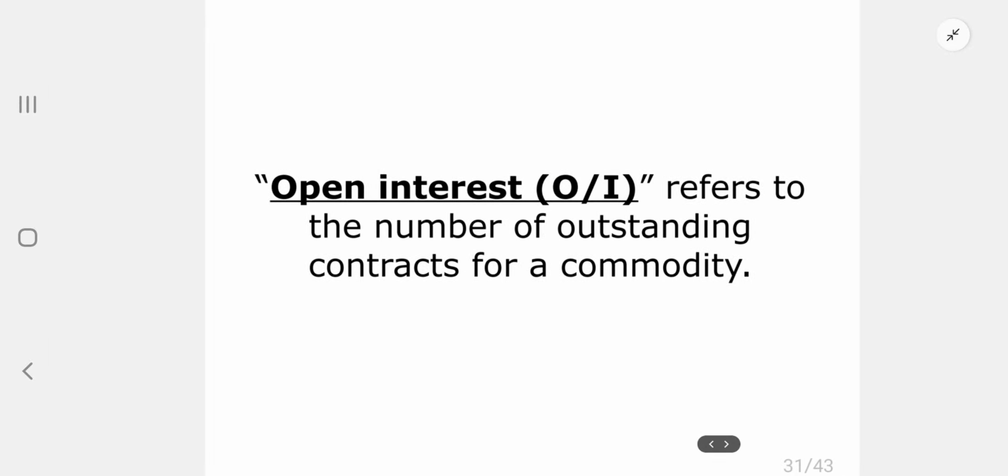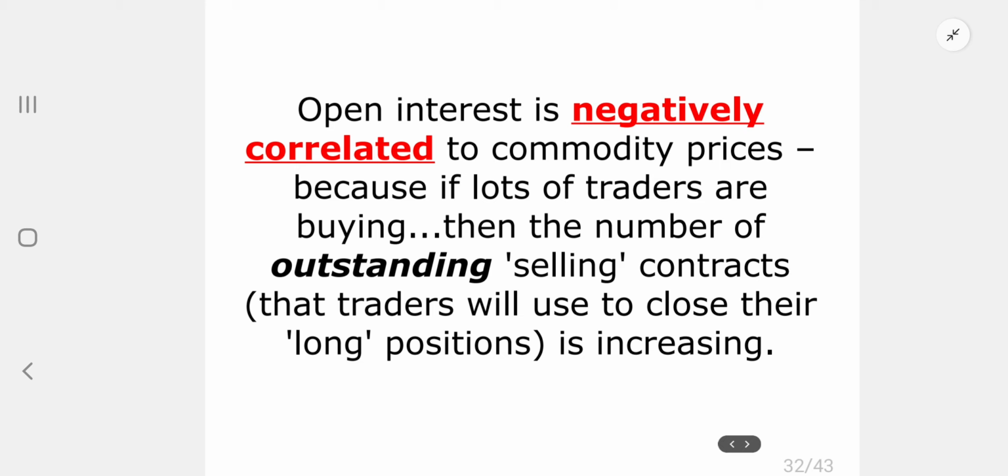Open interest. Open interest, or OI, refers to the number of outstanding contracts for a commodity. Open interest is negatively correlated to commodity prices because if lots of traders are buying, then the number of outstanding selling contracts that traders will use to close their long positions is increasing.